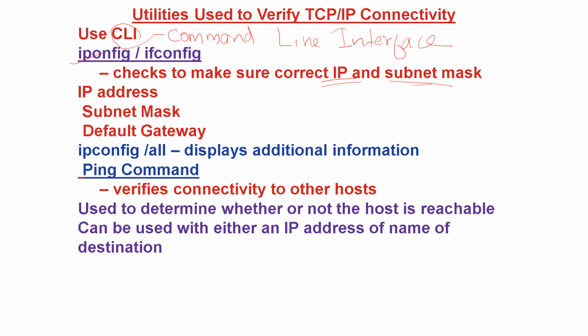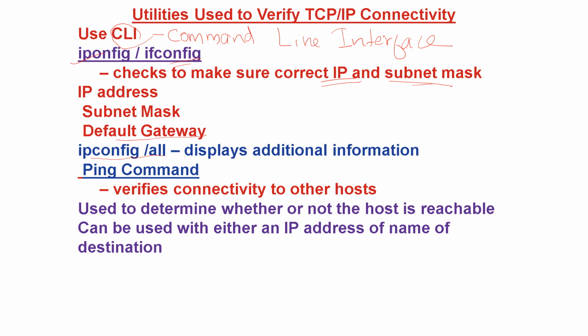Instead of ipconfig, ifconfig is the command used in Linux. Along with the subnet mask, it also gives us the default gateway information. So the result of ipconfig or ifconfig is that it will display the IP address, subnet mask and the default gateway information.